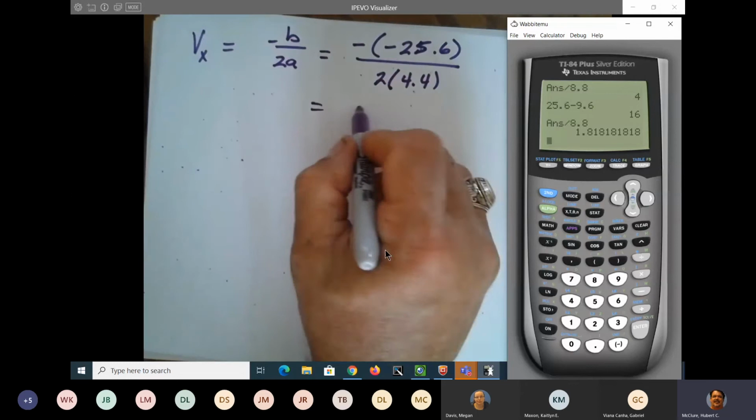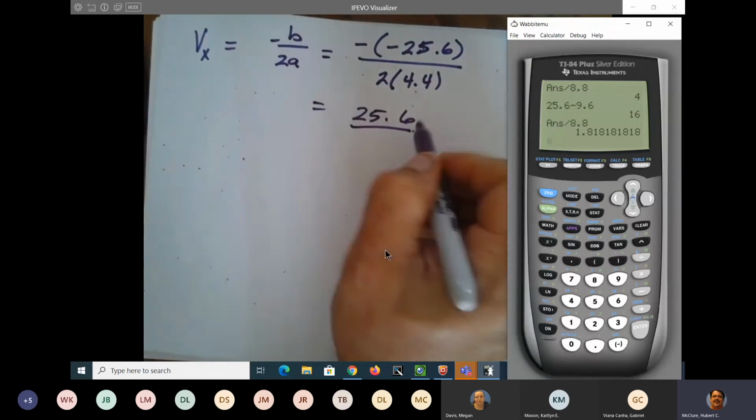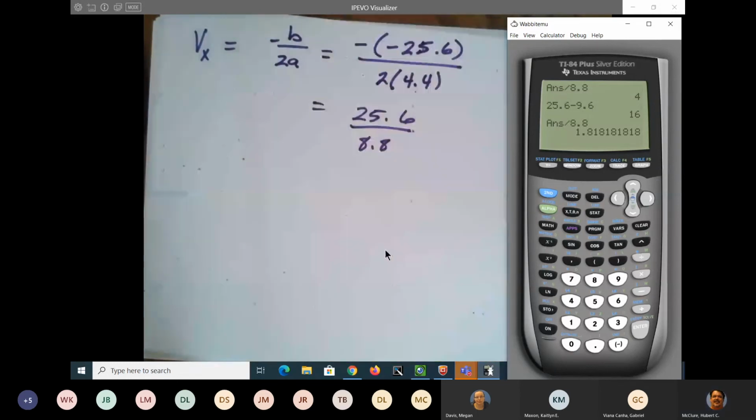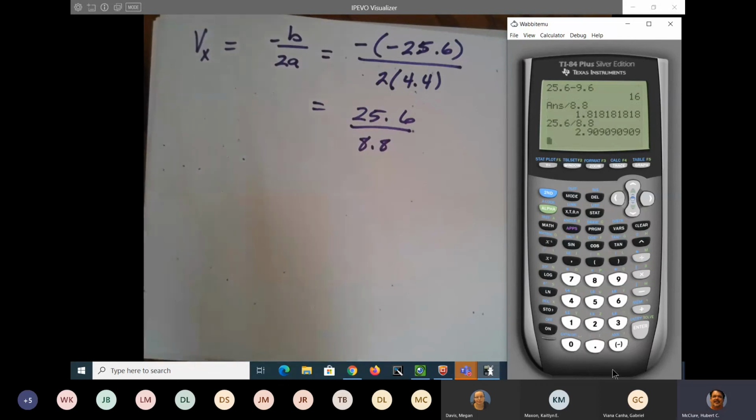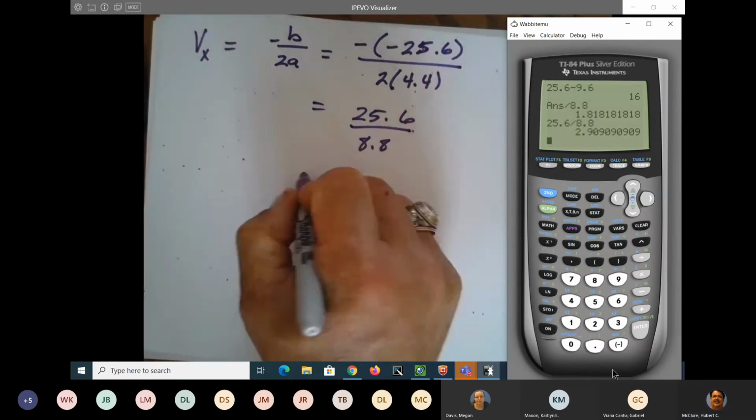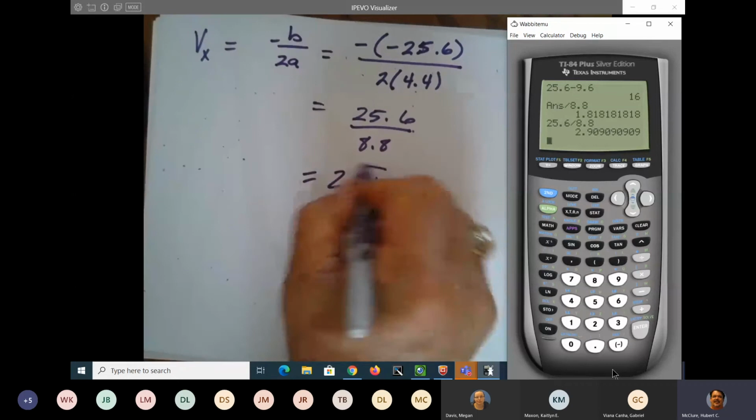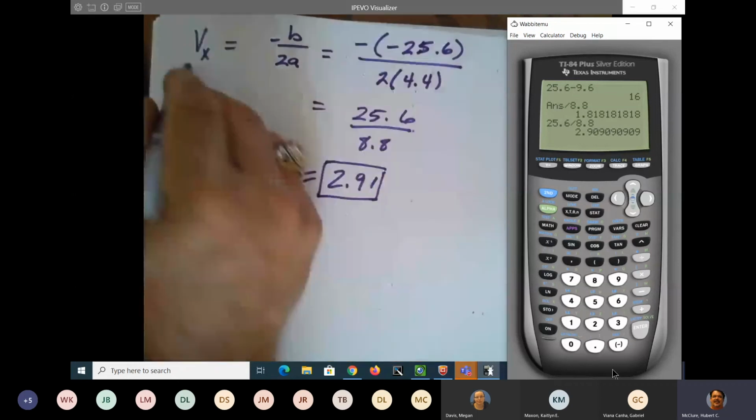So that's 25.6 divided by 8.8, which is 2.91. That's your vertex for your x.